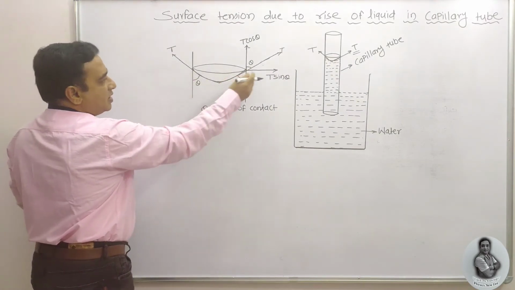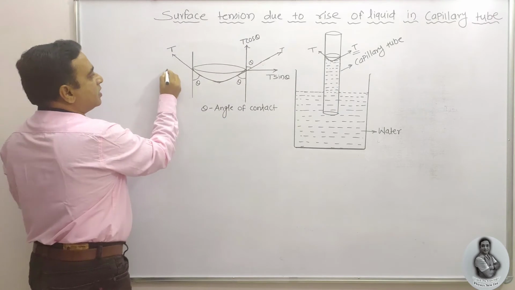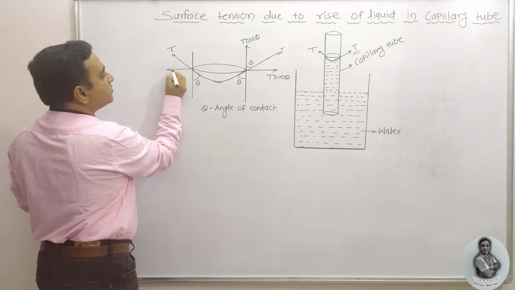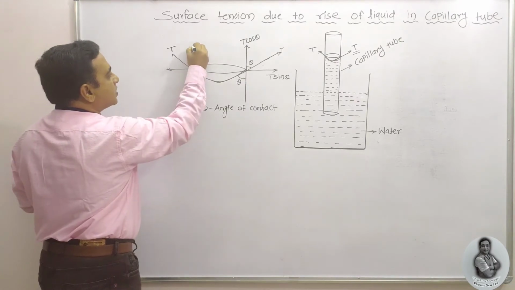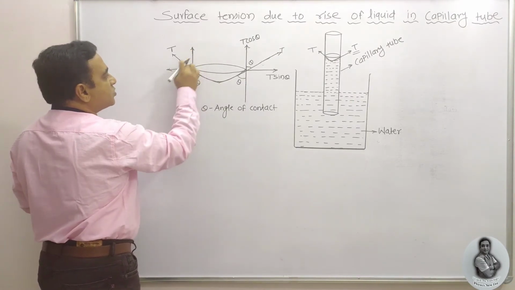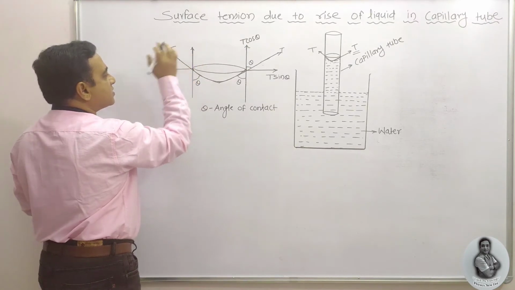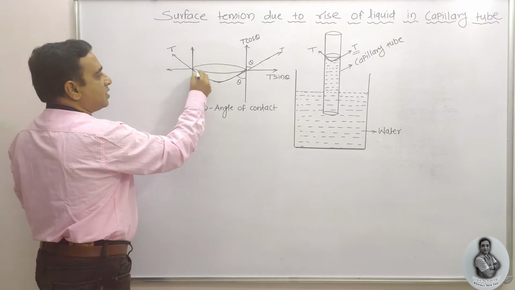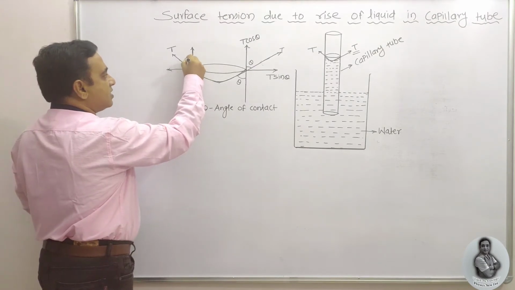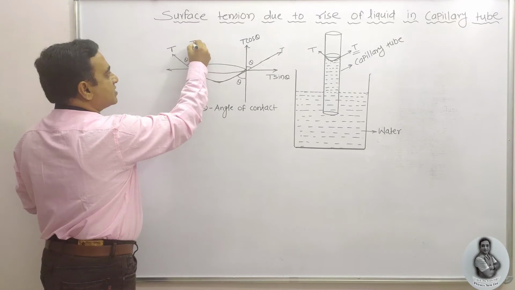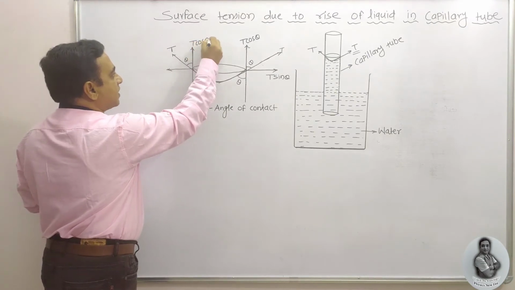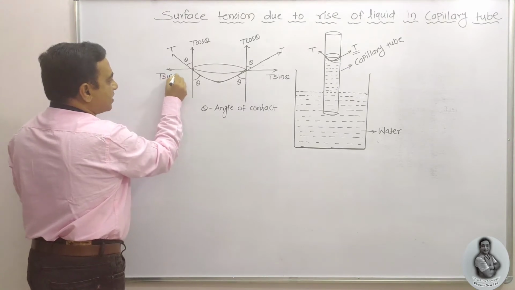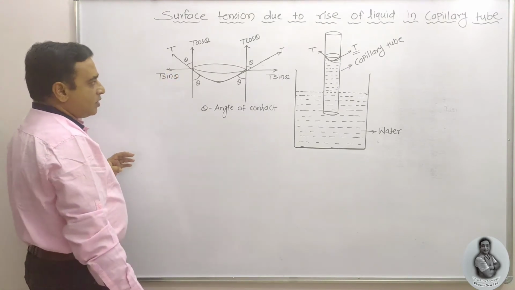Here once again, just like the same, this is one of the components and this is another component. These are mutually perpendicular components resolving the force of surface tension. This is theta, the opposite angle, so along theta it is T cos theta, and this one is T sin theta.